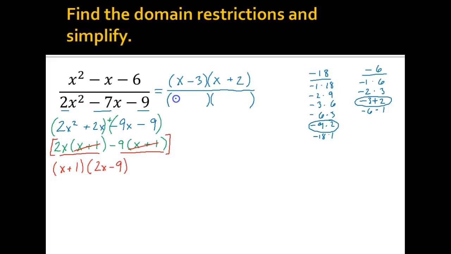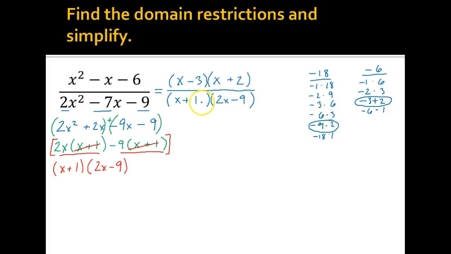So we have x plus 1 and 2x minus 9. Now whenever we have a number in front of x, we want to think, is there a common factor? Can we divide out the 2? No, we can't, because negative 9 is not divisible by 2. So that's as simple as this gets.